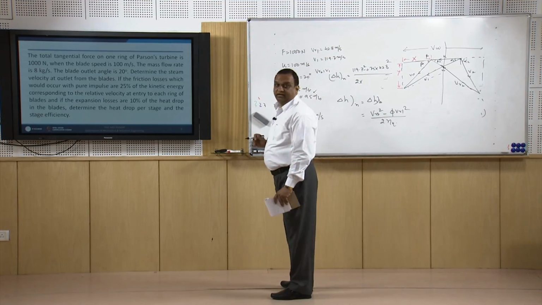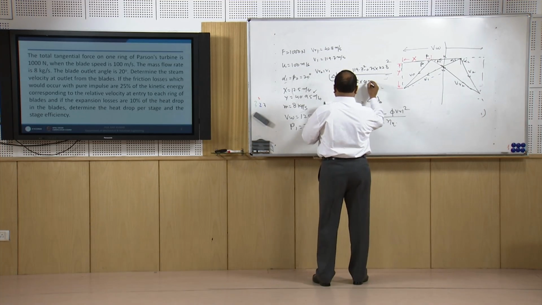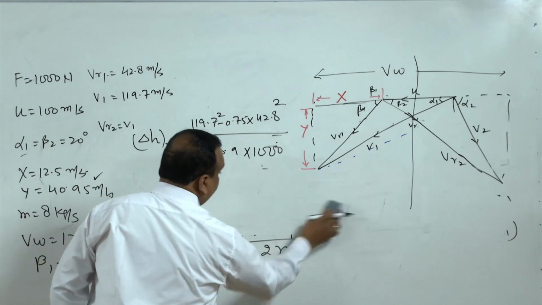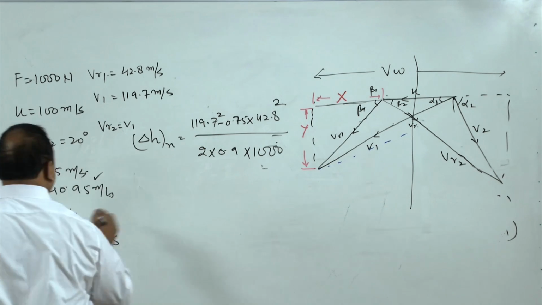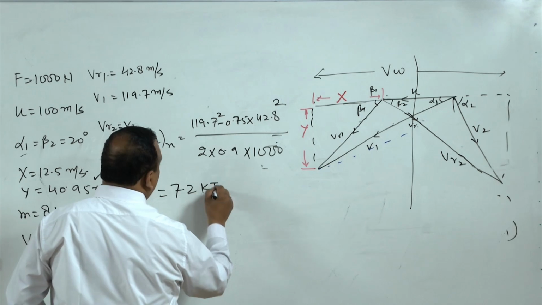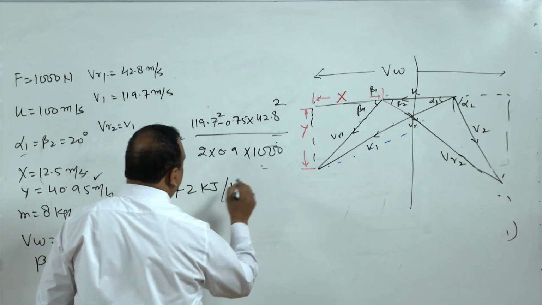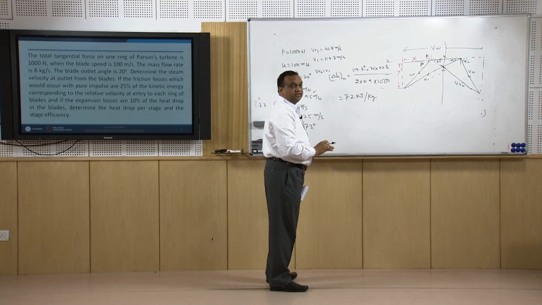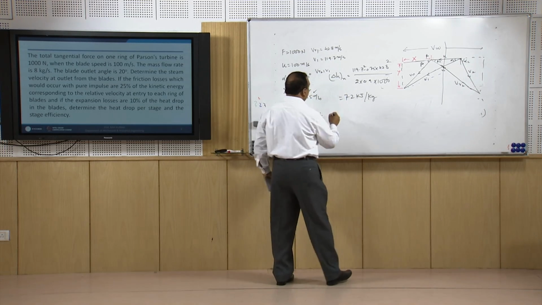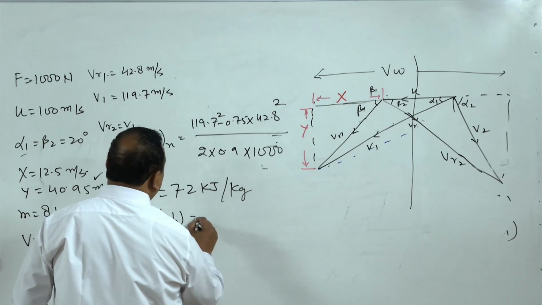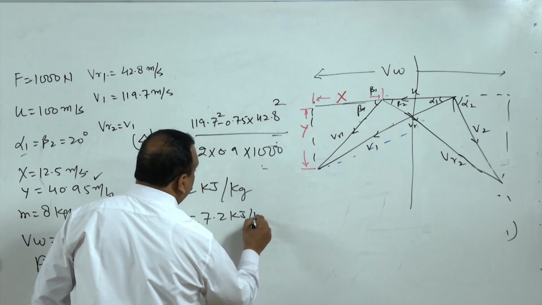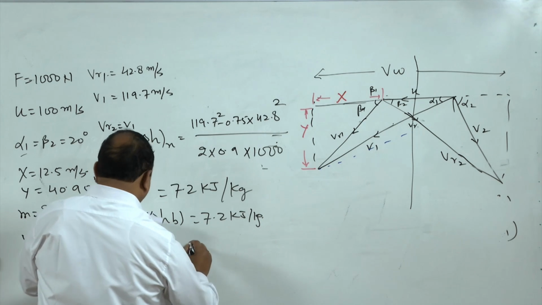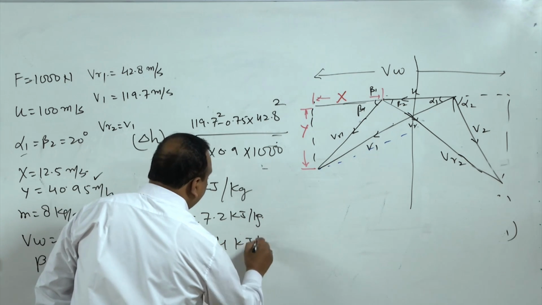The losses are 10%, so the efficiency of the nozzle is 90%, into 1000 to convert joules into kilojoules, and this is 7.2 kilojoules per kg in the nozzles. The same enthalpy drop will take place in the blades as well, so delta HB is also 7.2 kilojoules per kg. So, the enthalpy drop per stage is twice this, that is 14.4 kilojoules per kg.